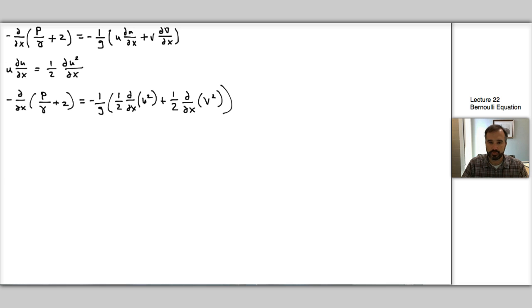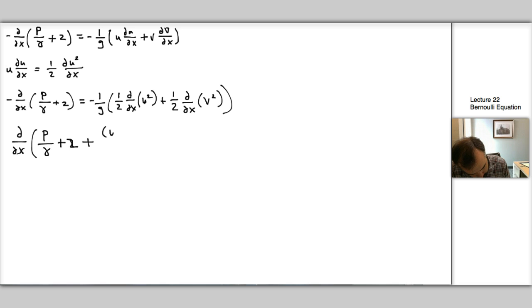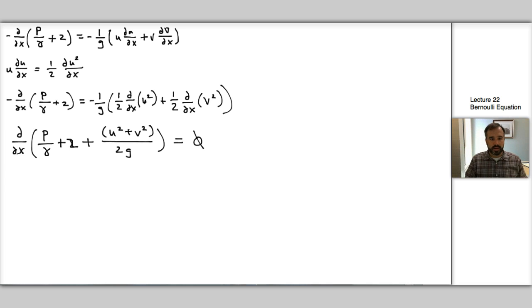So everything's with a partial derivative with respect to x, which means that we can now lump everything together. So I'm going to rearrange again and lump it all together. What it's going to look like is d/dx of (p/gamma plus z plus (u squared plus v squared)/2g) is equal to 0. So that's where we're at now.